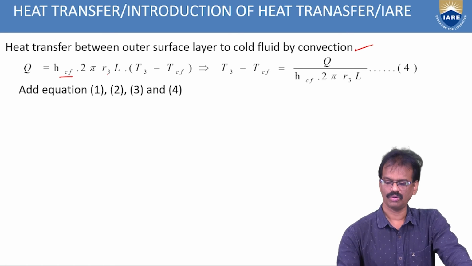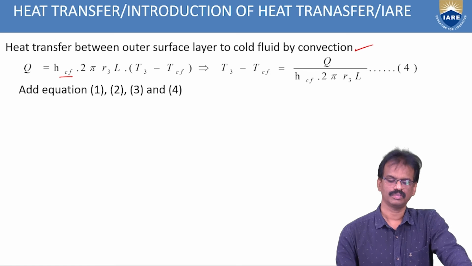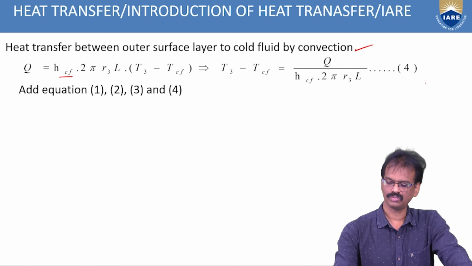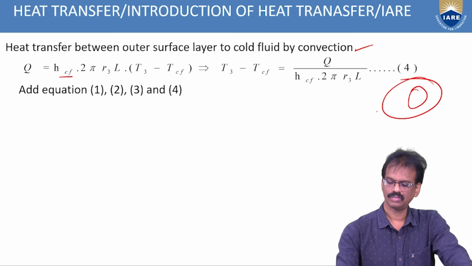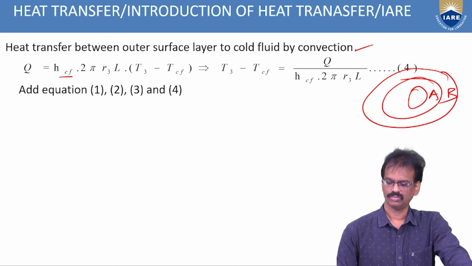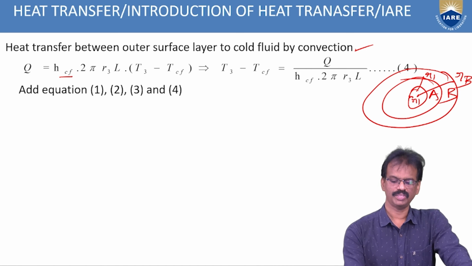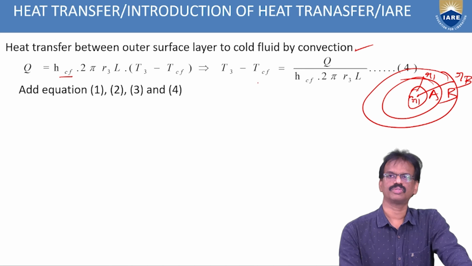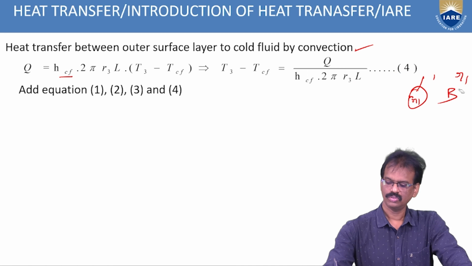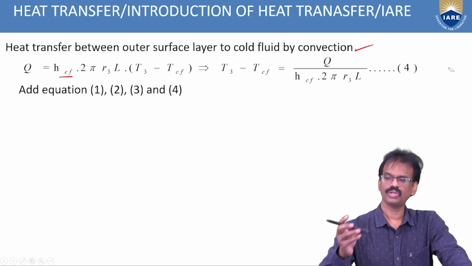R3 is the outside radius of surface B. This is surface B. So the outside radius is R3, up to here R2, and up to here R1. You know that one. From this equation, T3 minus TCF is equal to Q by HCF into 2 pi R3 L. So this is equation 4. Finally you got the 4 equations.